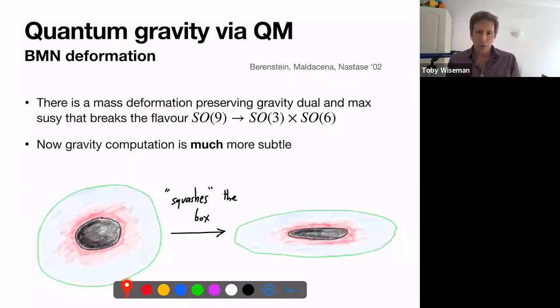From the point of view of the field theory, it's very simple. It's just the masses. From the point of view of the gravitational theory, the dual gravity theory becomes much more complicated, because what was a spherically symmetric black hole gets deformed to only have SO(3) cross SO(6) isometry. So it's no longer spherically symmetric.